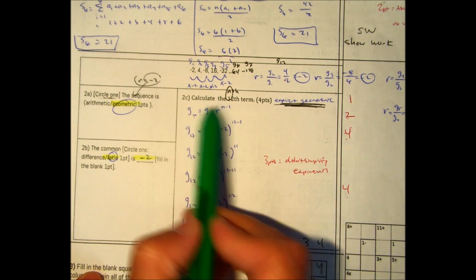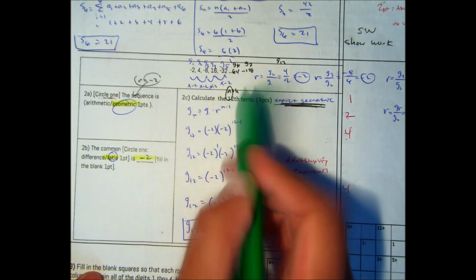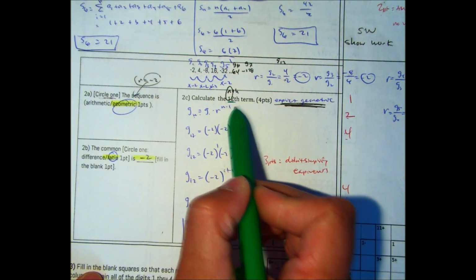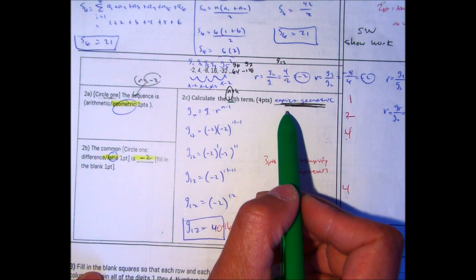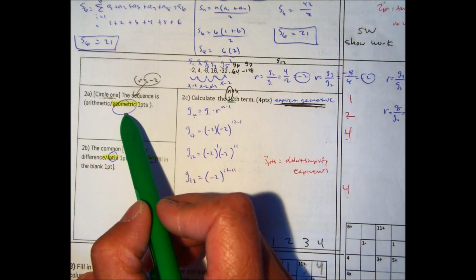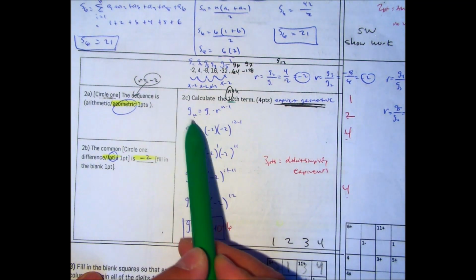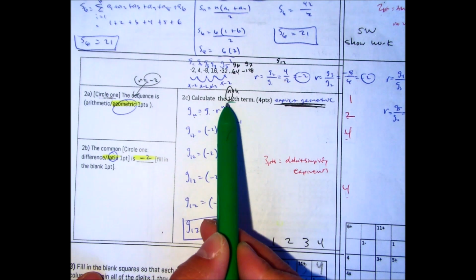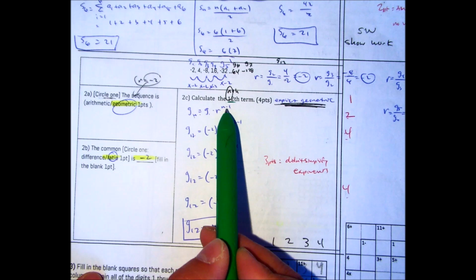Question 2c says, calculate the 12th term. The 12th term is the nth term. Well, if I want to find just one particular number, I'm going to use the explicit geometric formula, because this is a geometric sequence because of the common ratio. The formula is Gn equals G1 times r to the n minus 1 power.